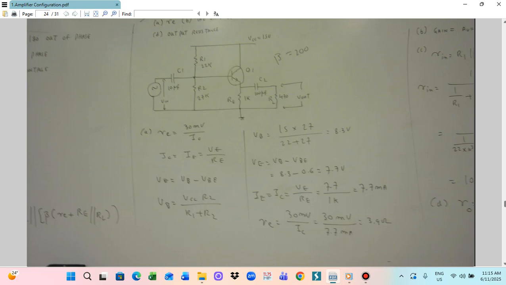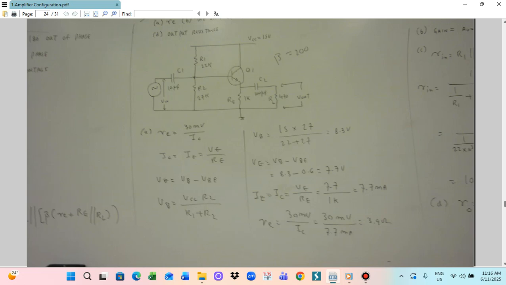So firstly, we calculate the VB part. VB is equal to VCC, which is 15 volt, times R2, which is 27, divided by R1 plus R2, which is 22 plus 27. Then VB will be 8.3 volt. And then you can calculate the VE: VB minus VBE, so 8.3 minus 0.6, and the voltage will be 7.7 volt.